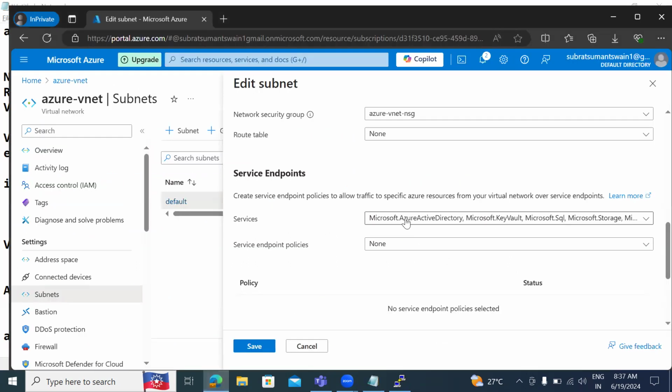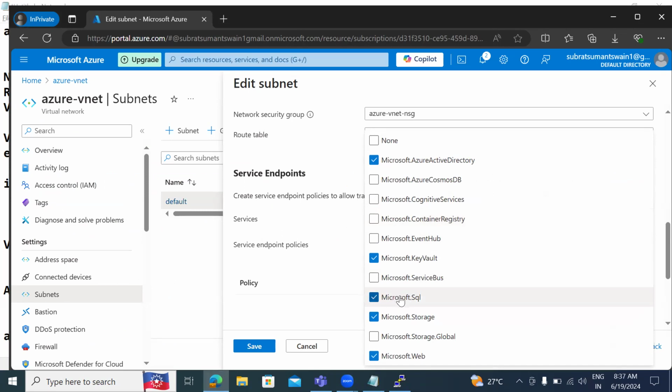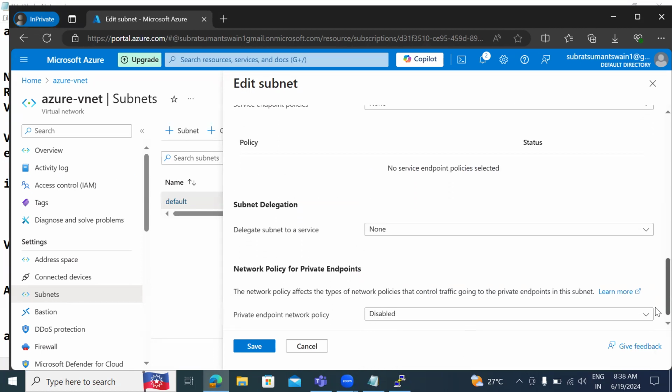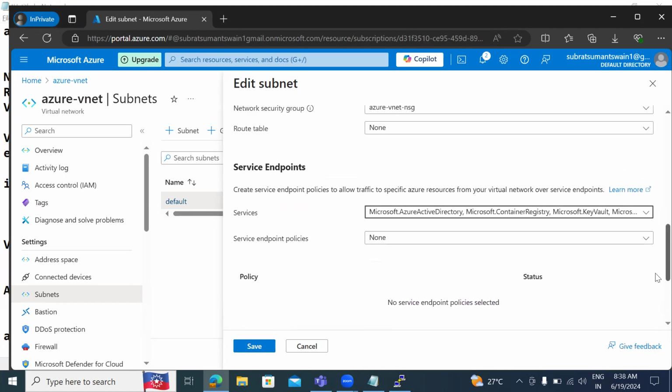Suppose we come to this endpoint, Azure SQL; we need to check whether the connection is there or not. For Service Bus also, and Container Registry. So these are the different PaaS-based services, and for these services we are giving public access or private access. Private access we are going to establish, based on business purpose.